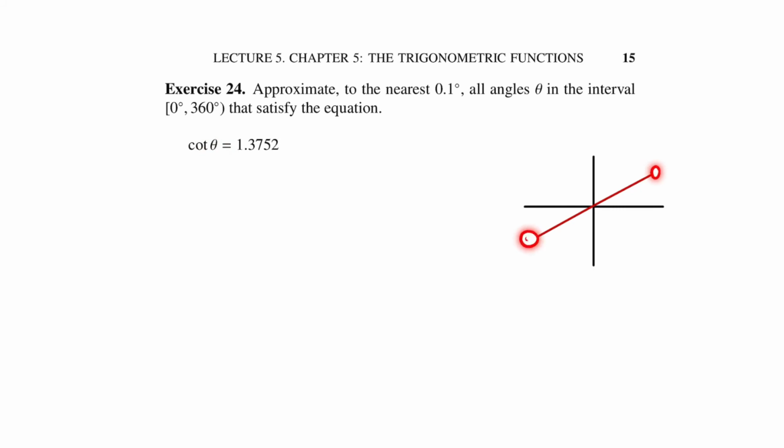So what you should do first, since our calculators don't have cotangent, what we can do is convert this to a tangent equation by taking the reciprocal of both sides. So if you take the reciprocal of both sides, you're going to get tangent, because 1 over cotan is tan, is equal to, type this into your calculator.